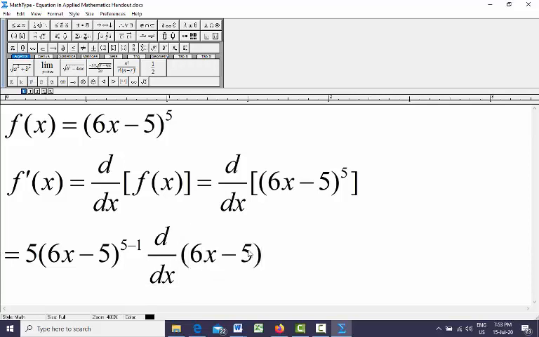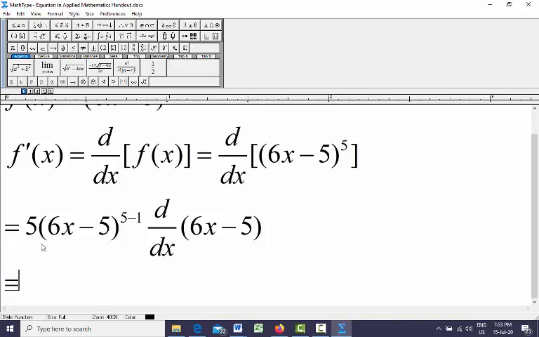I'm repeating again: first you do the differentiation of power, writing the power first, and from the existing power you deduct 1, that means 5 minus 1, and then you do the differentiation of the inside materials.